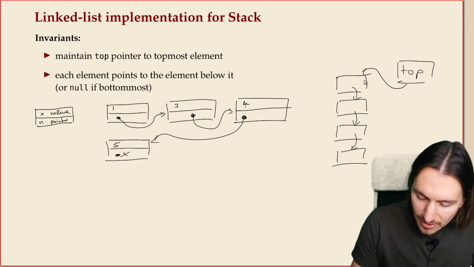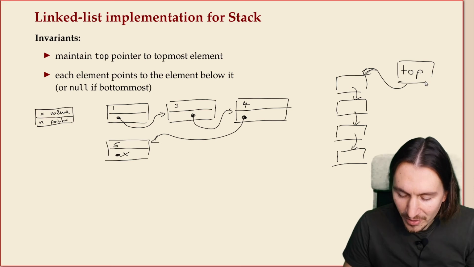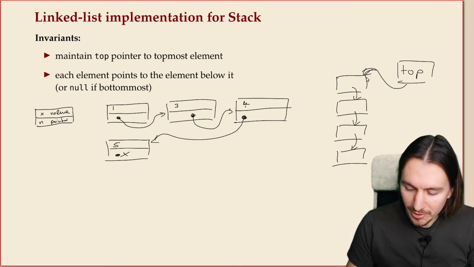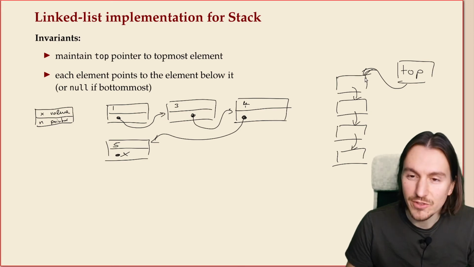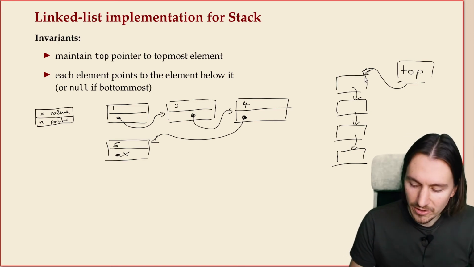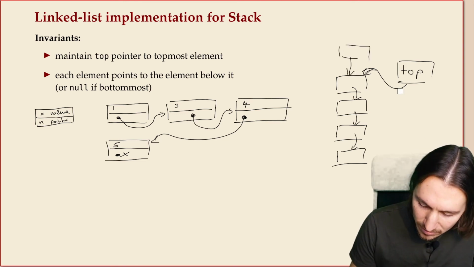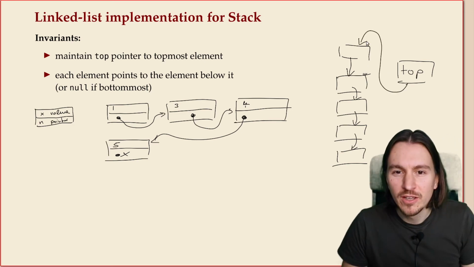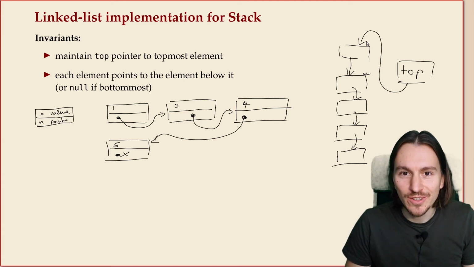So you can access that topmost element through this global variable. And you can pop it by just setting top to the successor, and then this is essentially deleted. And you can add a new item by creating a new one here, setting its next pointer, and then rewiring the top pointer to point to this new element. That's how you do a stack based on a singly linked list in like 2 minutes.